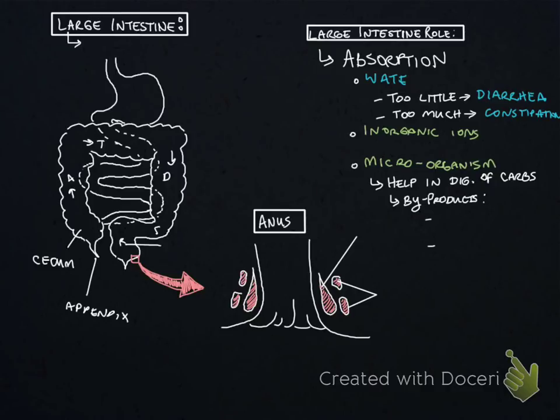So it helps to digest these into smaller, more manageable pieces. And byproducts of this are sometimes methane, hydrogen sulfide, carbon dioxide, and hydrogen ions. They also will help to produce vitamins, B vitamins and vitamin K, which are then absorbed into the bloodstream. So the rectum itself is important for storage.